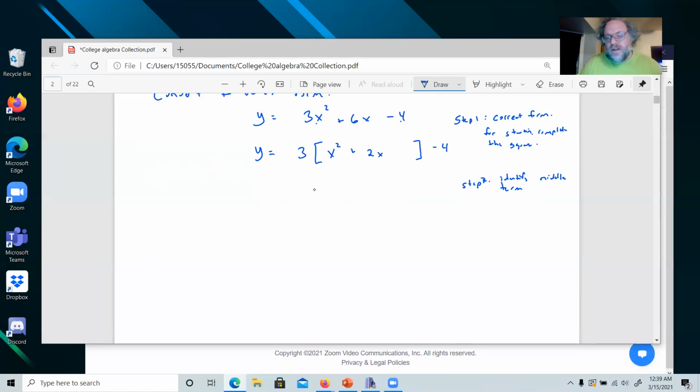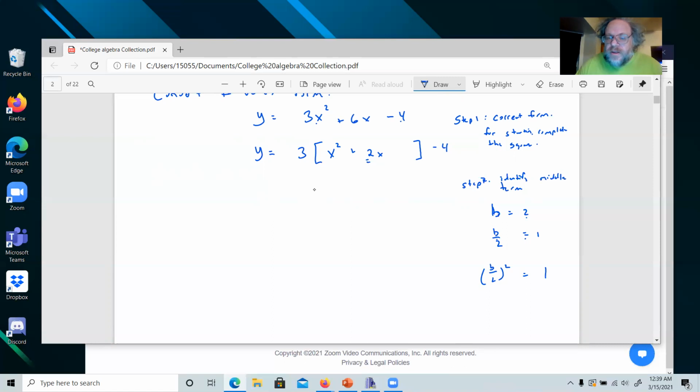The middle term is 2. So I'm going to write down b is equal to 2. This algorithm is going to work every time for completing a square. You find the middle term, you divide it by 2, and then you square it. Oh, we got 1.